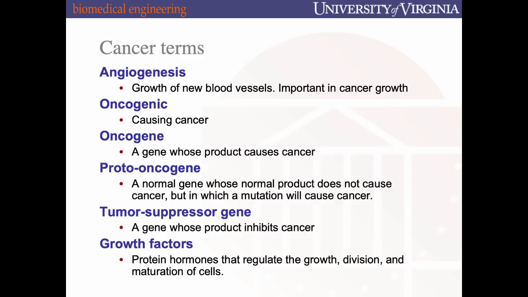You'll see a couple of these in the coming slides. If there's a mutation in that kinase that all of a sudden turns it on all the time, now you have a driving force to proliferate, proliferate, proliferate without any of the breaks in the simplest scenario. So the normal form of that kinase would be considered a proto-oncogene, whereas the mutated form of that kinase would be an oncogene. Yes, I see a hand.